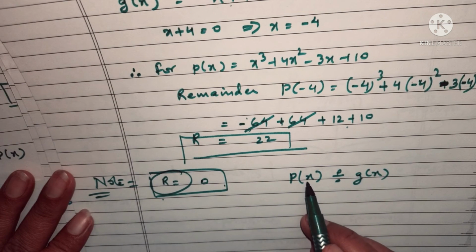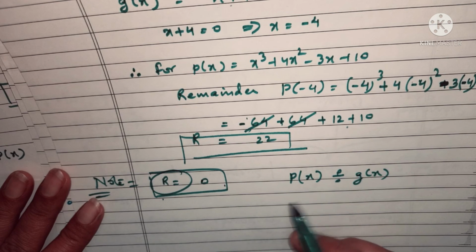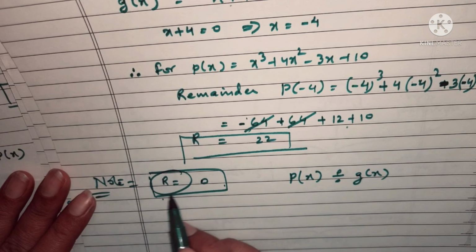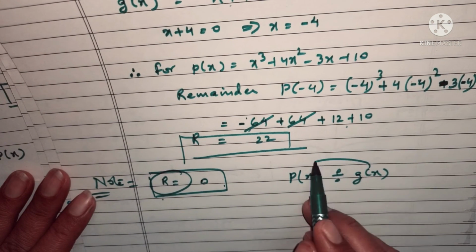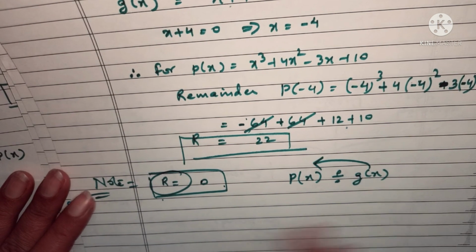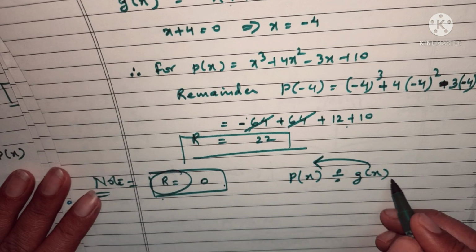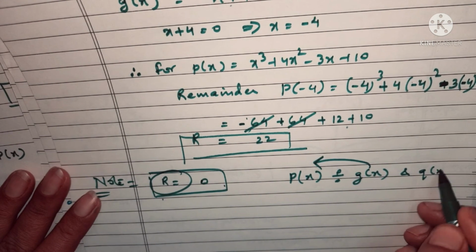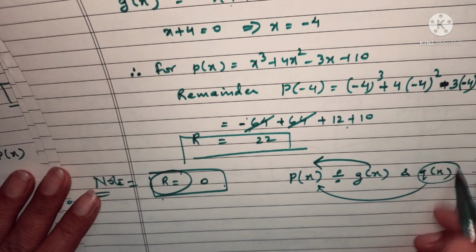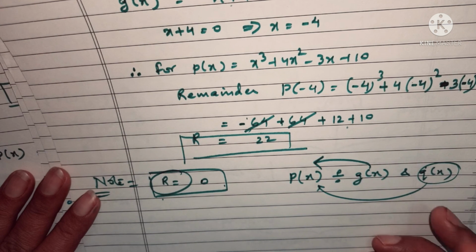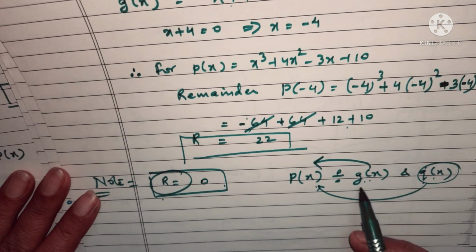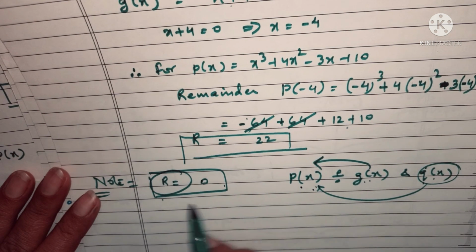If you have P(x) divided by G(x) and the remainder is 0, it means G(x) becomes a factor of P(x). G(x) and Q(x) both are factors of P(x). What is Q(x) here? Q(x) will be the quotient which you get out of the division. So G(x) and Q(x) both will become factors of P(x) once you get the remainder as 0.